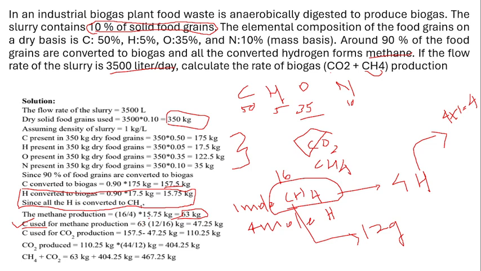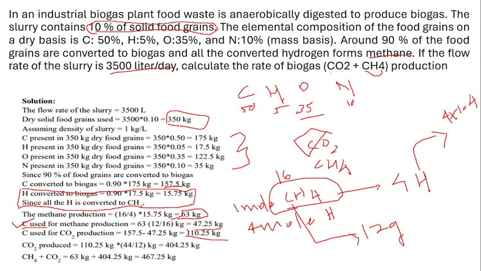For 63 kg of methane, how much carbon is required? 47.25 kg. Now we have found that out of the 157.5 kg of carbon converted to biogas, 47.25 kg is required only for methane production. So how much is required for CO2 production? We can subtract and find it, which is nothing but 110.25 kg.